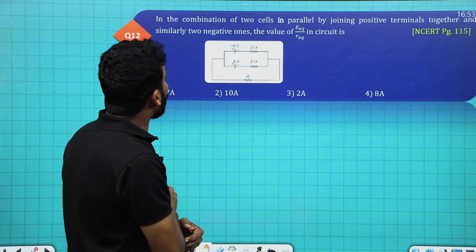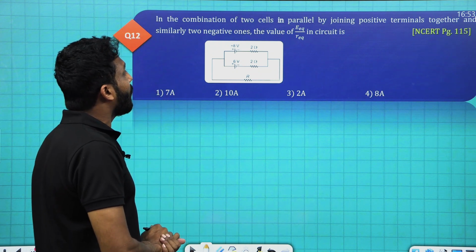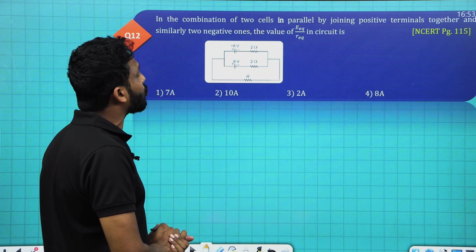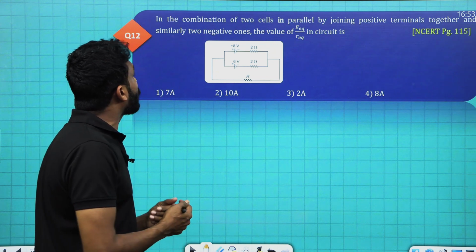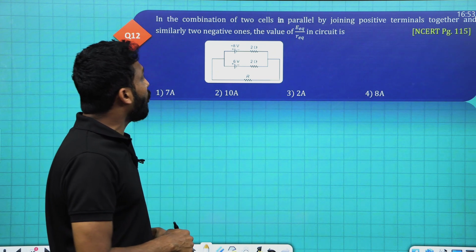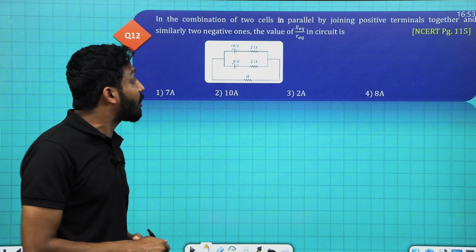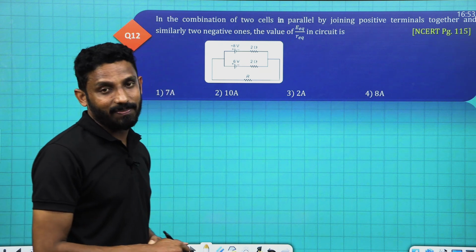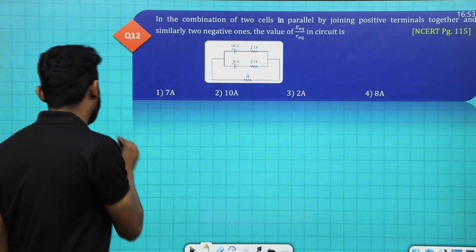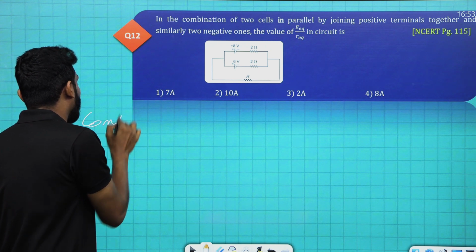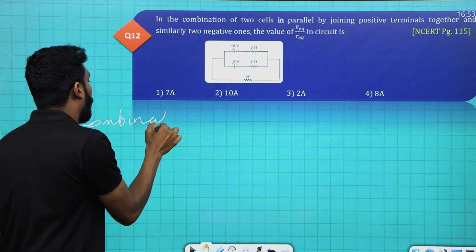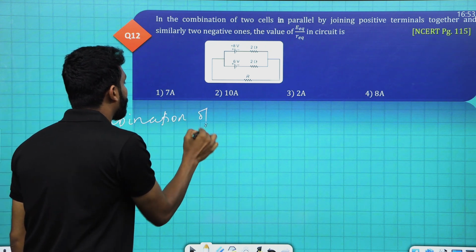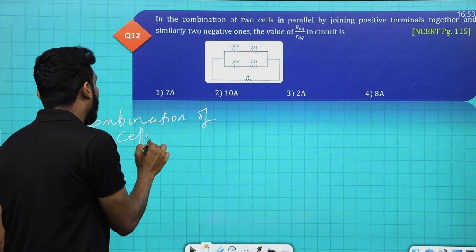In the combination of two cells in parallel, by joining positive terminals together and similarly the two negative ones, what is the value of E equivalent by R equivalent in the circuit? This is combination of cells. We studied the theory of combination of cells, parallel and series.